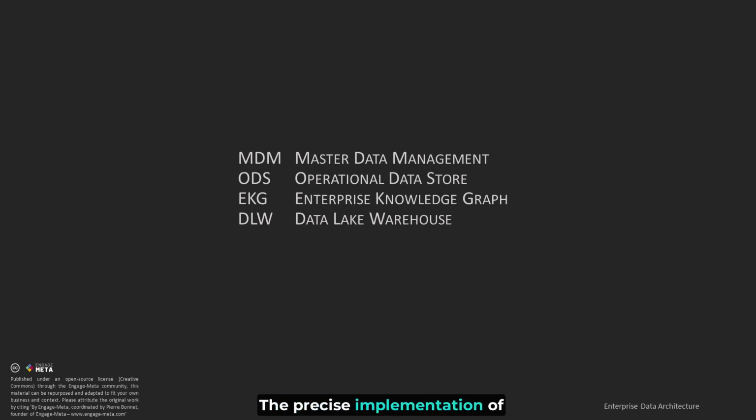The precise implementation of these will depend on your company. You will need to make functional and technical choices to tailor them to your needs and ultimately build your enterprise data architecture. Even if you cannot do everything in one step, it is beneficial to clarify your overall vision to avoid creating additional data management silos in your existing setup, which ultimately will not provide profitability.